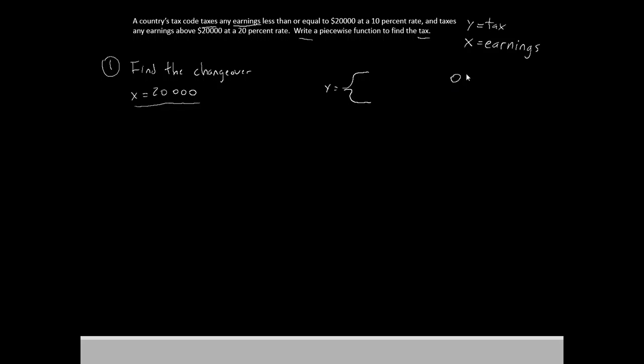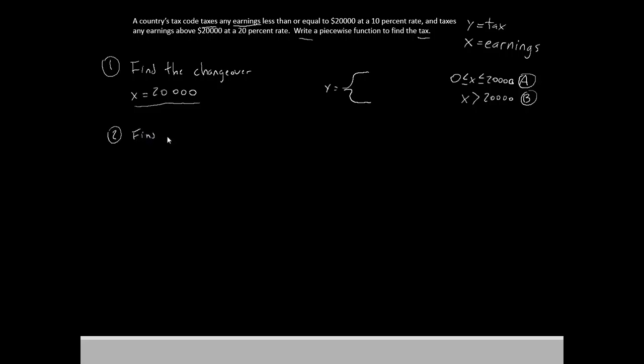We'll say 0 less than or equal to x less than or equal to $20,000. And then that'll be piece A. For the other piece, we have any x's that are above $20,000. So we'll write x greater than 20,000. Call that piece B.